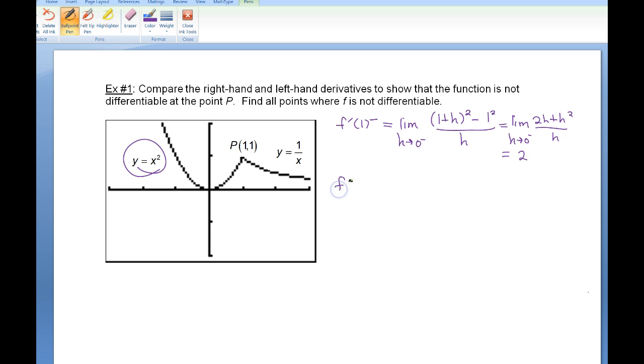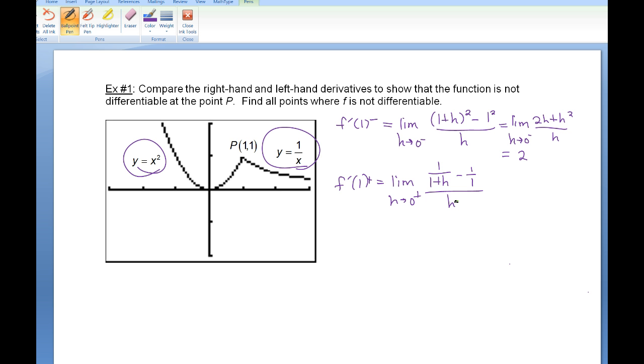Okay. And then let's check from the right. So the limit as h approaches 0 from the right. Now we have the function y equals 1 over x. Again, we can plug in 1. So it's going to be 1 over 1 plus h minus 1 over 1 all over h. You okay with that?